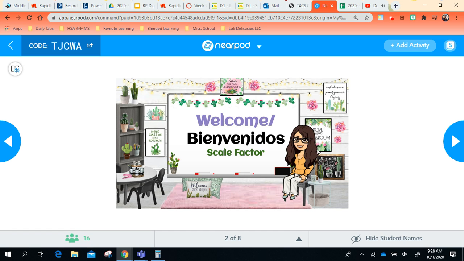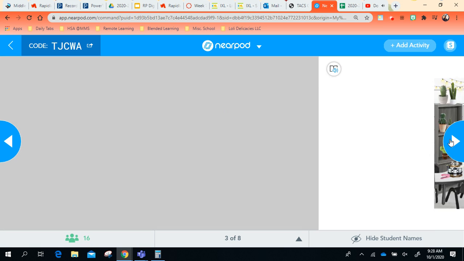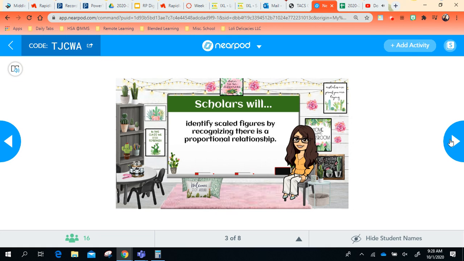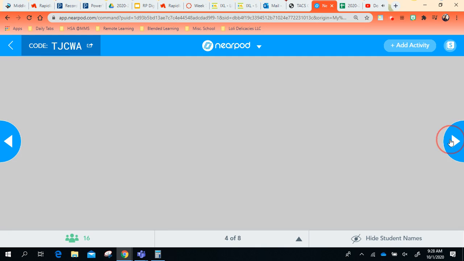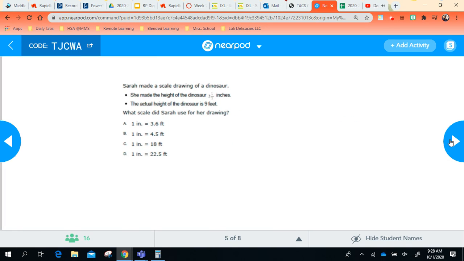Okay, so again, scale factor. We are identifying scaled figures by recognizing there's a proportional relationship. Go ahead and take a minute to write the whole example down, with the exception of you in here. I have your copy. I just forgot to put it on your desk.